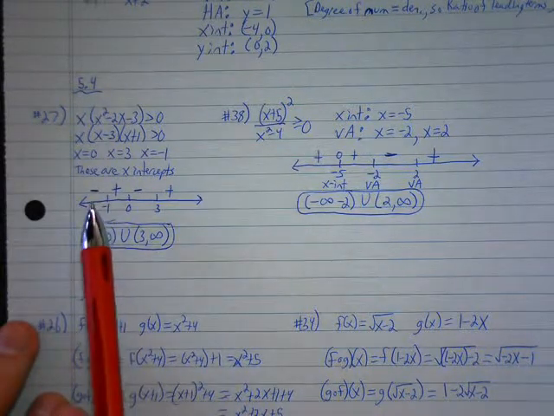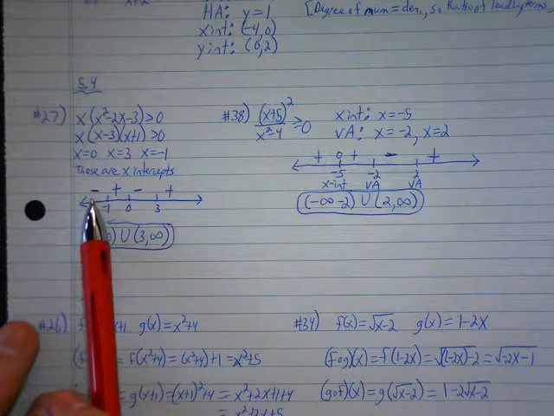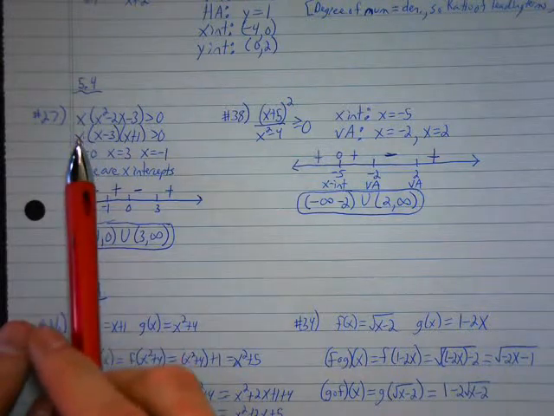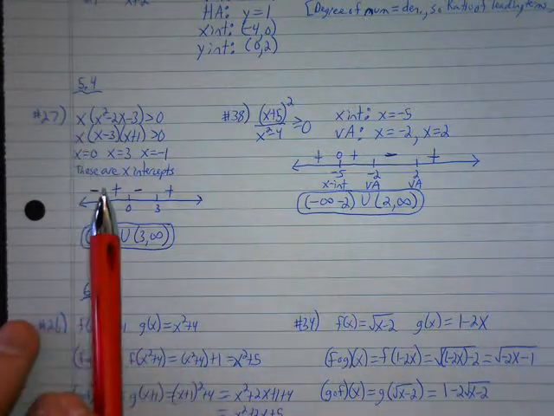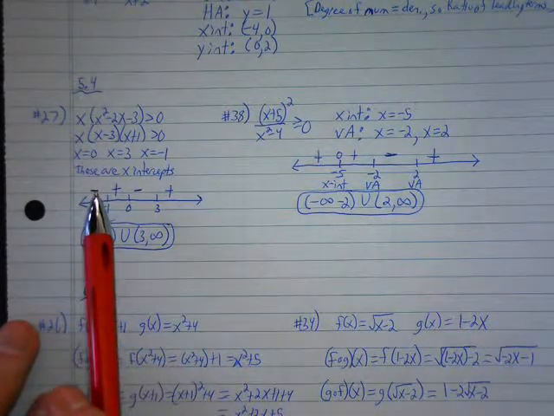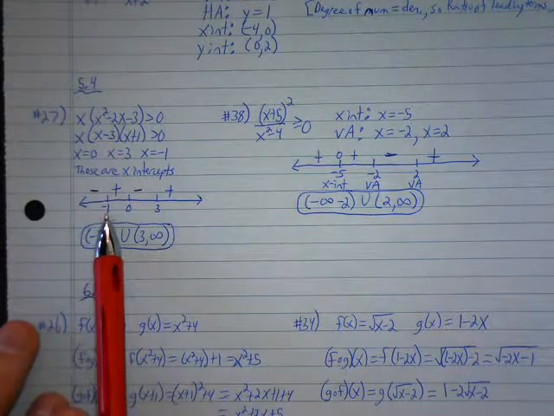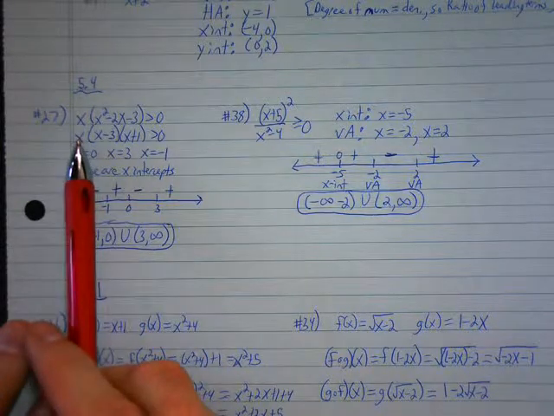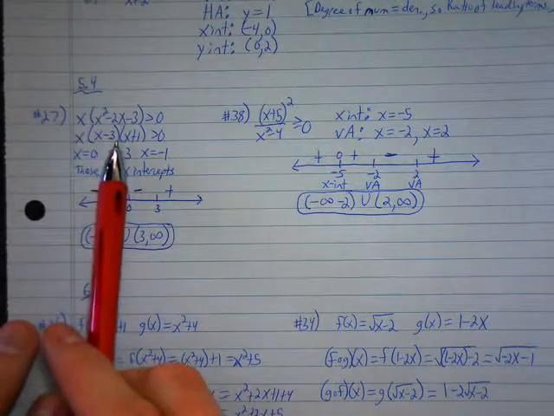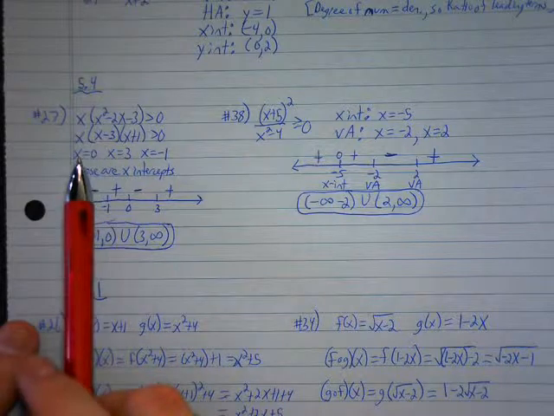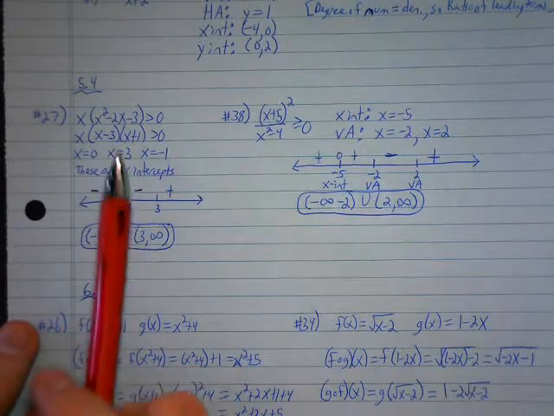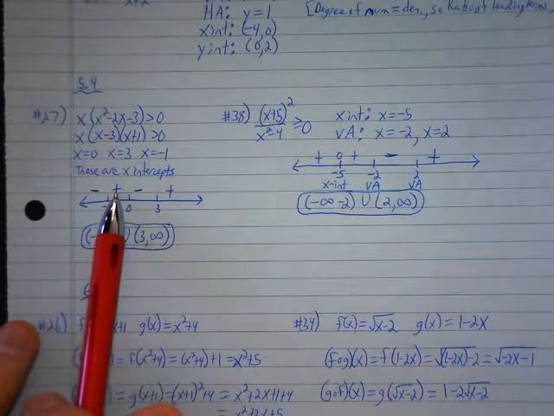You substitute a number that's to the left of -1, put it into any inequality up here, and you end up getting a negative answer. Plug a number between 0 and -1, like -1/2 in, and you'd have -1/2 times a negative is positive, and then -1/2 plus 1 is positive, so positive times positive is positive, so you get a positive answer between -1 and 0.